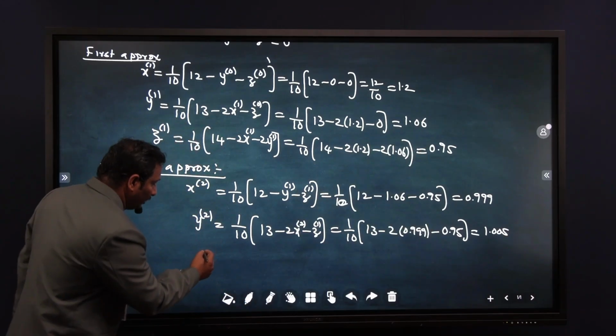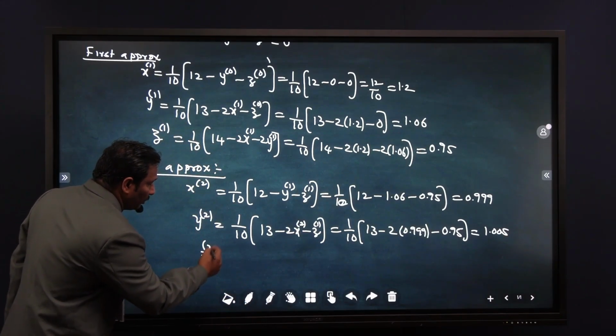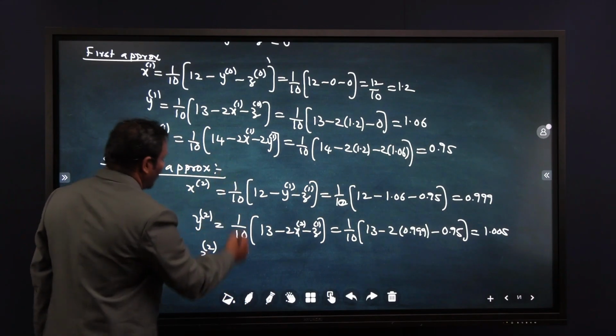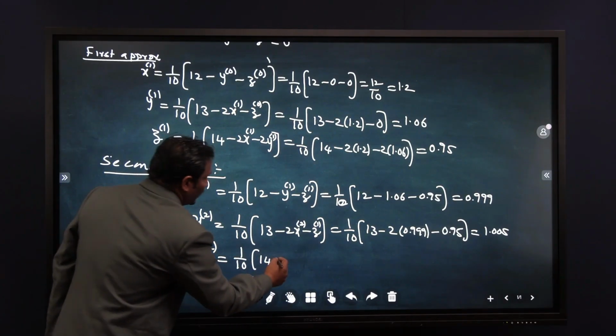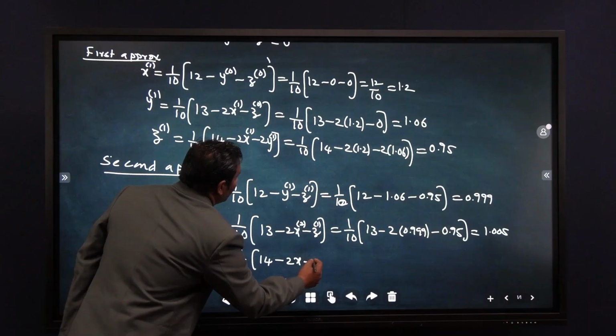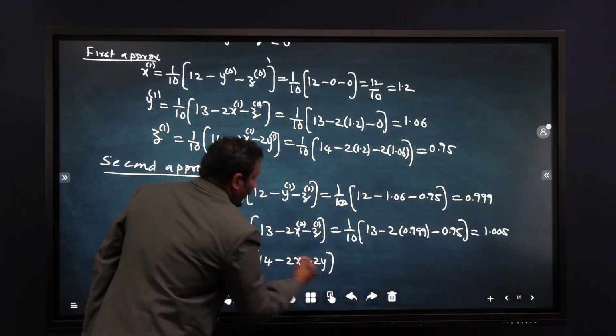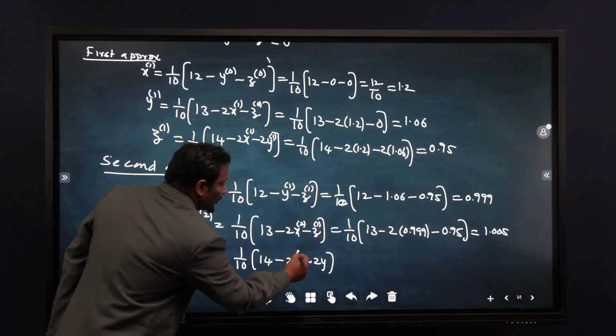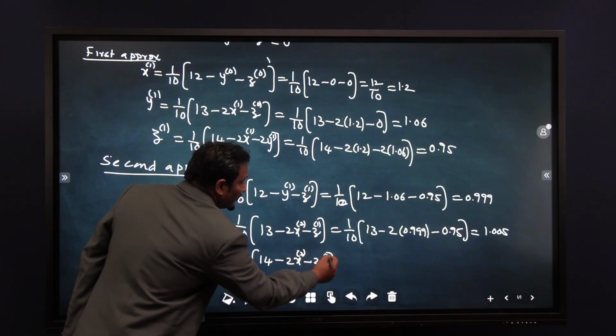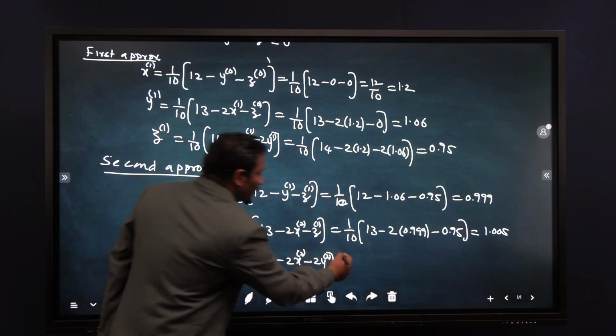Next, we'll find the z second approximated value, which is defined as 1 by 10 times of 14 minus 2x minus 2y. Here the already known values, that is the second approximated values of x and y, we should use.